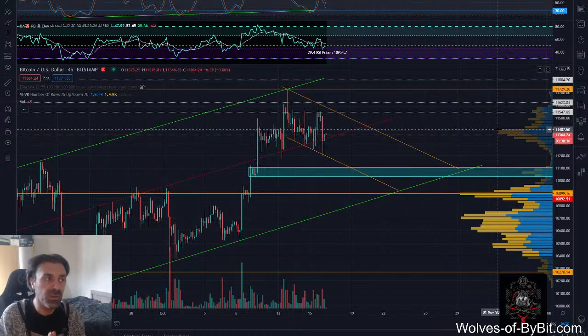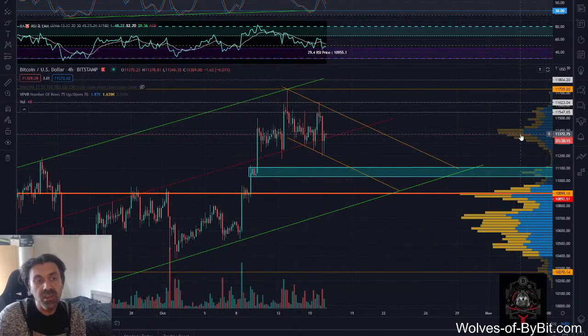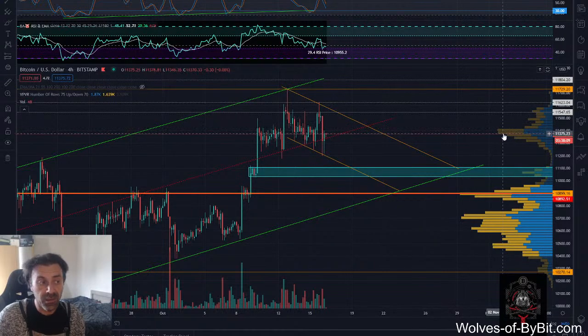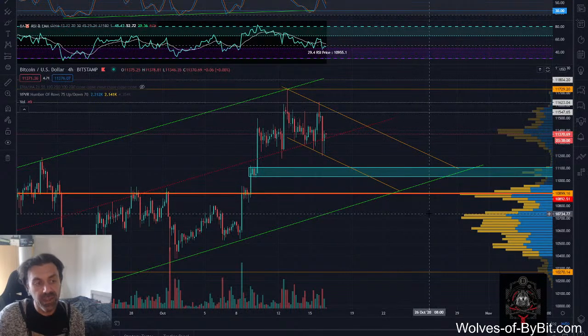It means that there's a lot of buying or selling action, and that could give you a boost or a resistance either way. It is very possible that here we have a lot of people getting ready to buy in and push the price up. Of course, in the other direction, it's possible that right here there's a lot of selling going on and people are pushing price down.